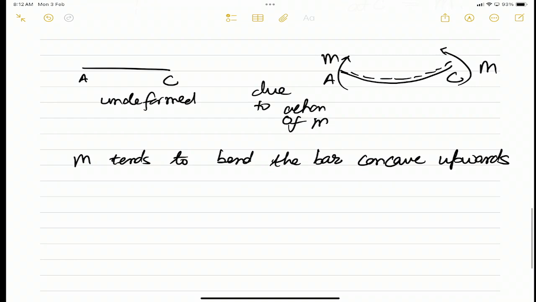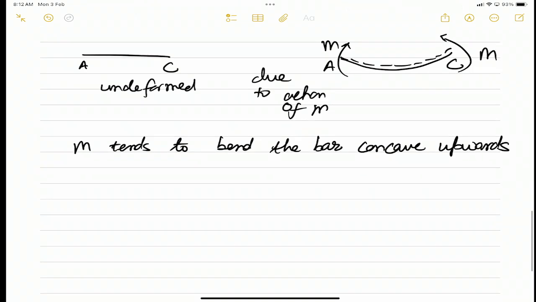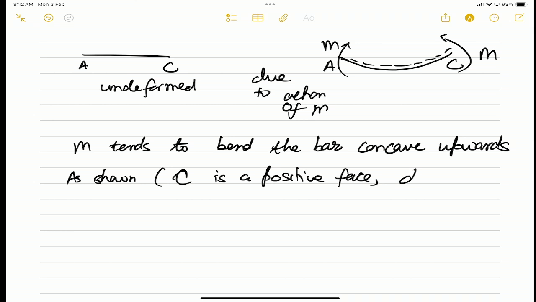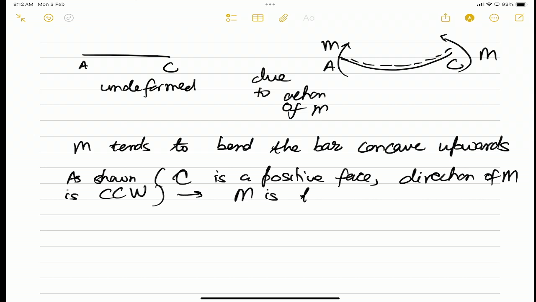Okay. I have this, I try to apply this, it will tend to curve it upwards. Now, as shown, that means C is a positive face, direction of M is counterclockwise. So, M is termed as positive.